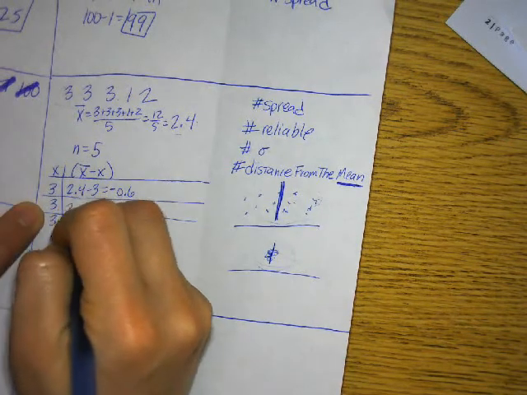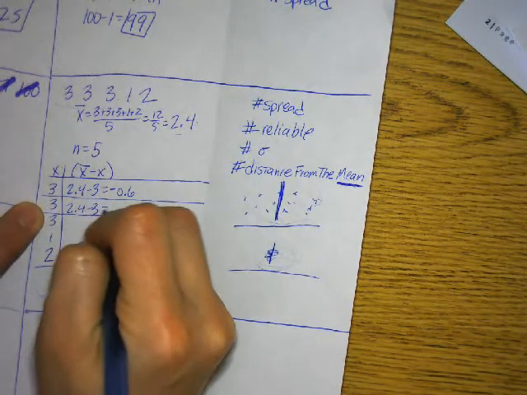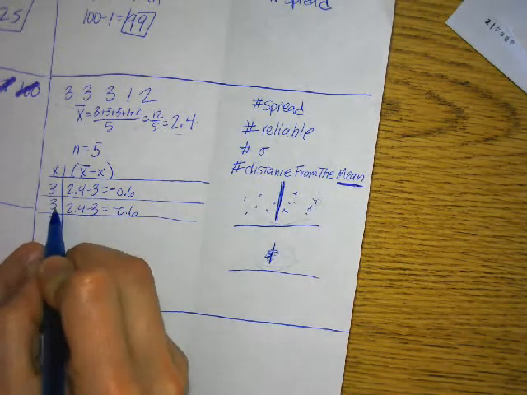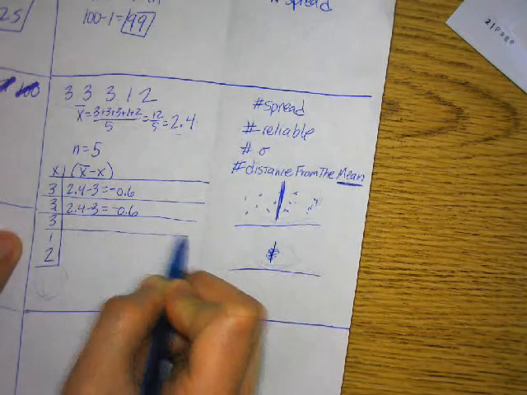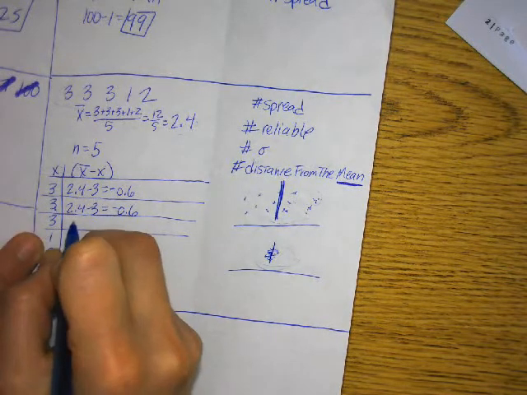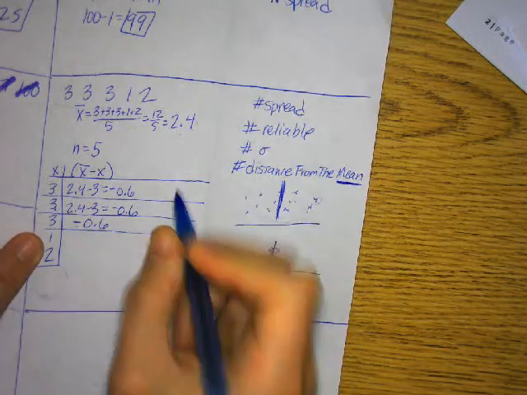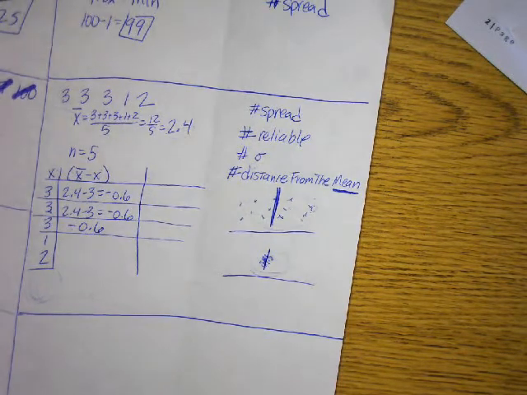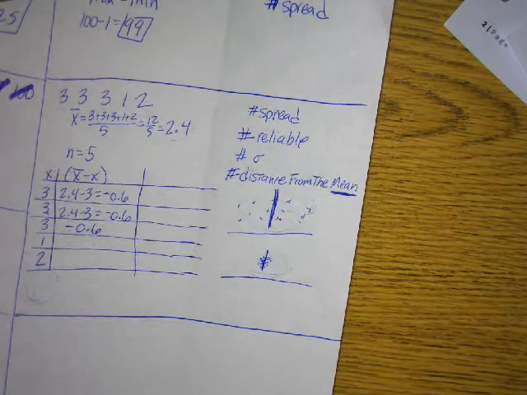This one is going to be 2.4 minus 3, negative 0.6, because it's the same x value. What's this one going to be? Negative 0.6. Are you guys with me? Tell me if I'm going too fast. I'll pause the video, let you guys get caught up.